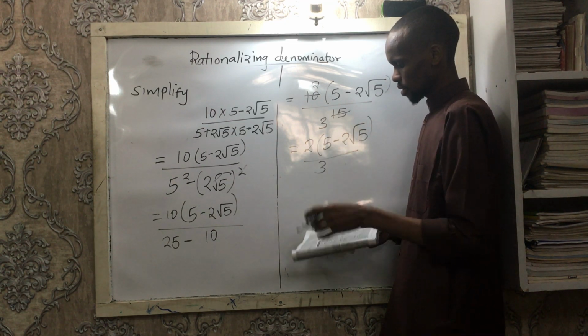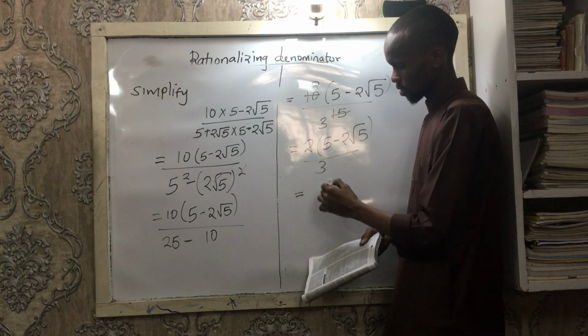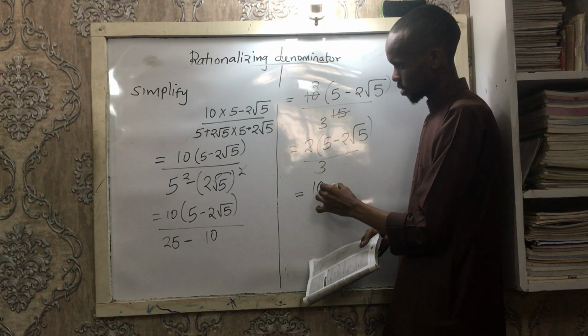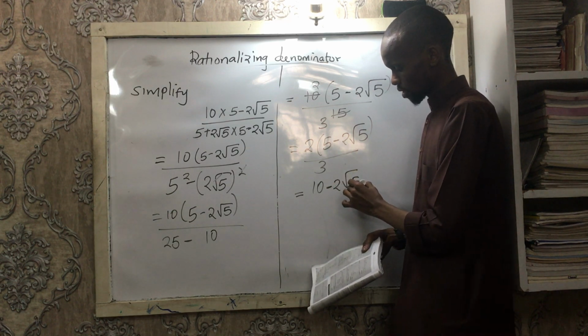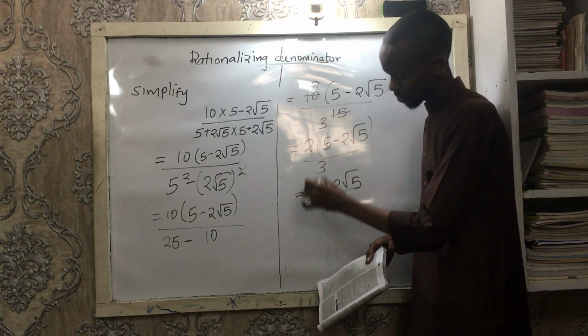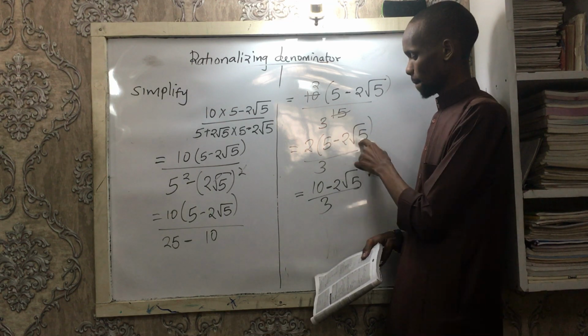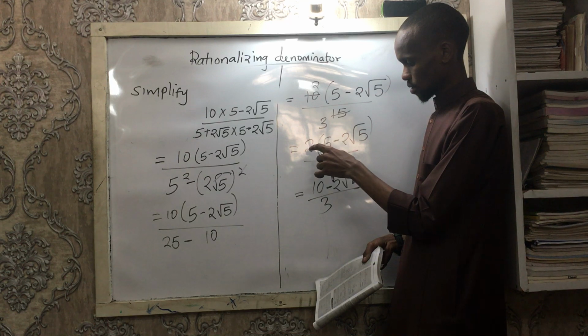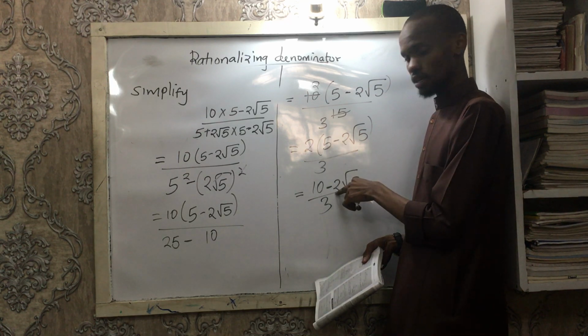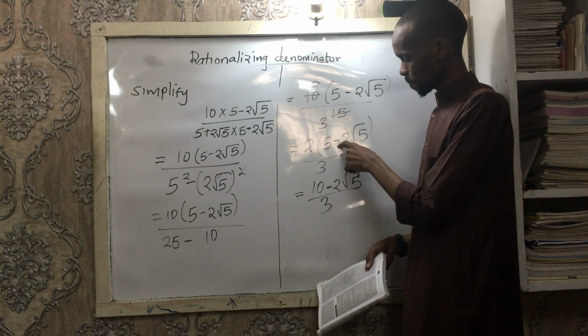And this will be 10 minus 2 root 5, right? Do you forget the 2? What did you do to the 2 when you multiplied it?